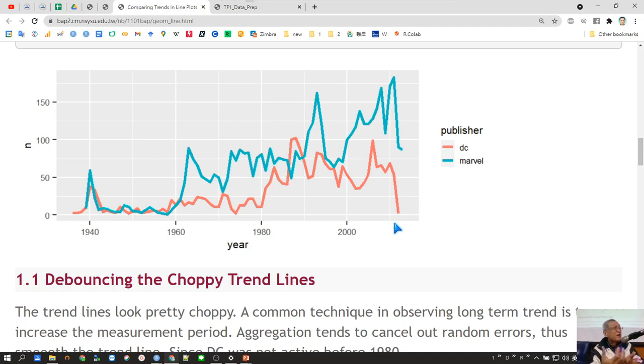If they are not comparable, then the comparison becomes meaningless. So only in this period, these two companies are comparable, 1980 to 2010. And I want to smooth the line by making an average for every 5 years. That's what I'm trying to do, right?